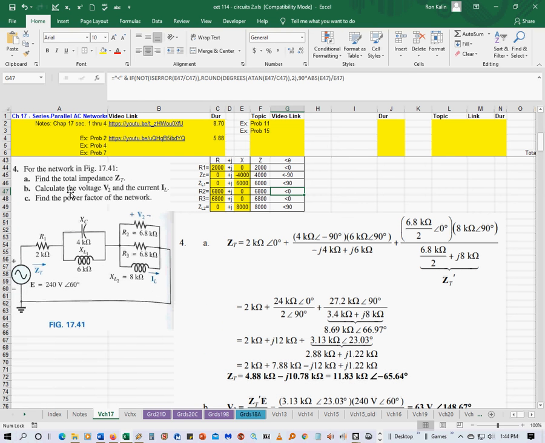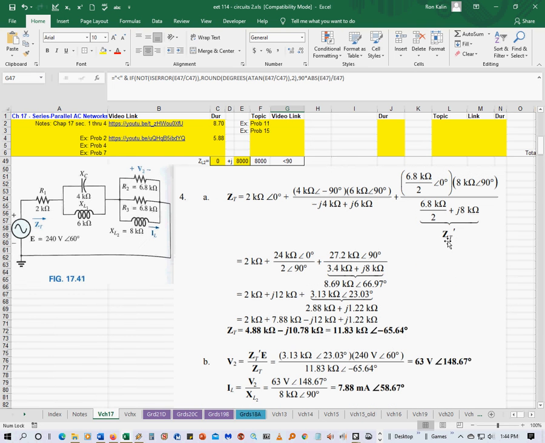Part B says calculate voltage V2 and the current I sub L. The voltage V2 is going to be across this whole impedance right here. All three of these impedances are in parallel, and they're all equal to V2, which is probably why they broke it out and called that Z sub T prime.